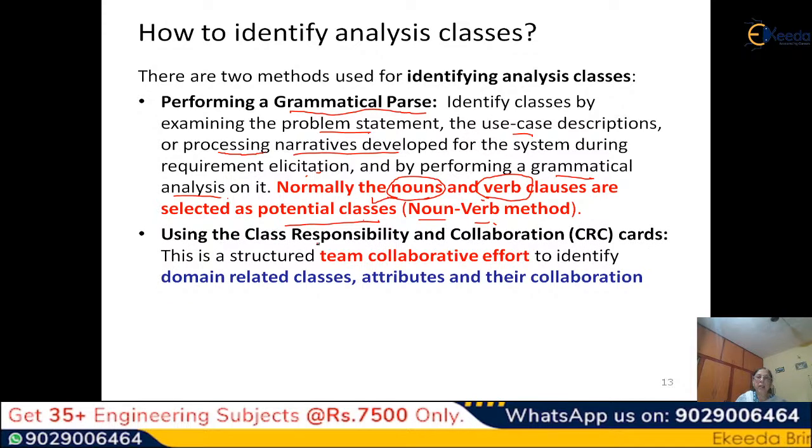And the other method is class responsibility collaboration, called CRC in short. In the CRC method, it is a team collaborative effort. That means both the user and the programmers, or the analysts, will sit together and identify the domain related classes. What are the problem related classes? In the problem domain, what are the classes? That means who are the doing people?